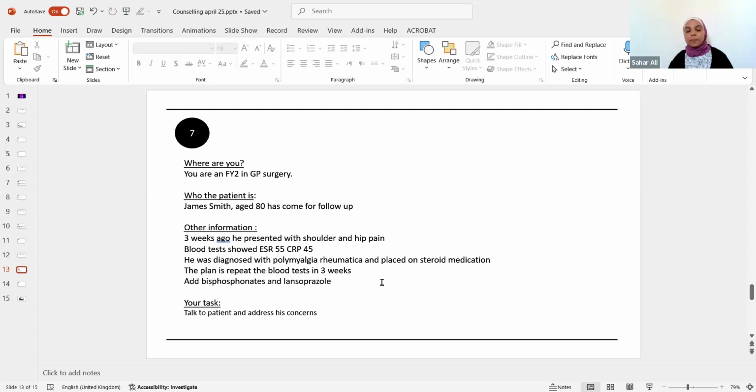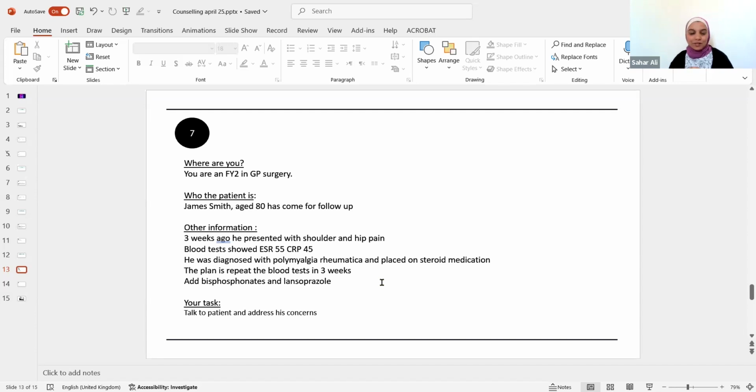What else? When you talk about the side effects with the patient, don't scare the patient. Steroids have many side effects, all right? But the patient should continue the medication for 1 or 2 years, maybe 3 years. So part of your communication skills is telling the side effects, but reassuring the patient.